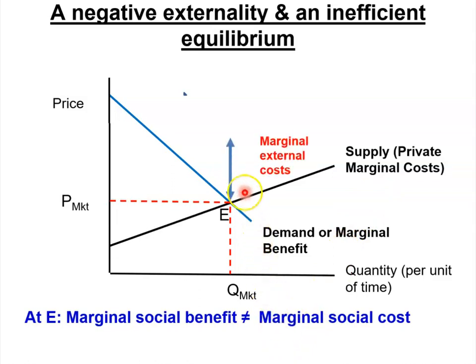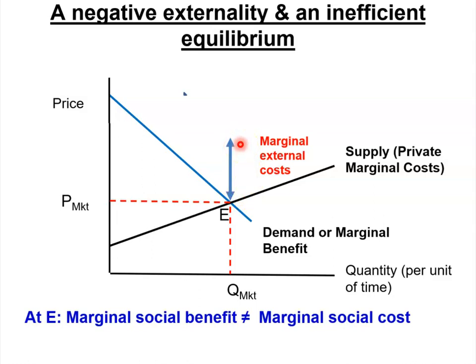Well, in this example, I'm going to suppose that this difference, as illustrated by this arrow here, shows the dollar value of the cost that's being imposed on other people from the last unit of this product that has been produced. That's why it's called marginal external cost. So the last unit that was produced imposed this cost on someone.